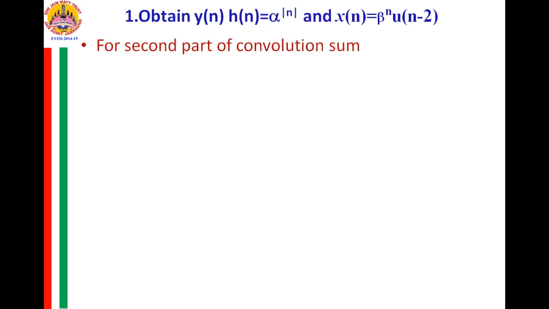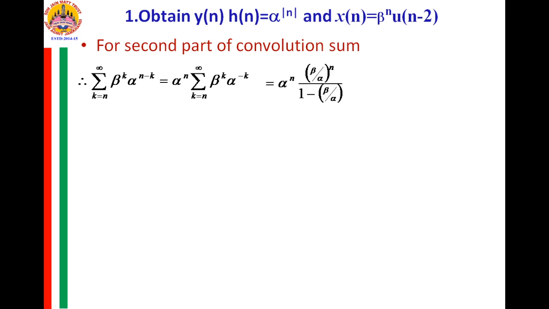And then let us evaluate the second part of the convolution sum, that is summation k from n to infinity beta raised to k alpha raised to n minus k, where alpha raised to n I take outside. So inside the summation you will remain with beta raised to k alpha raised to minus k, and this shall be written as beta by alpha raised to k, and the closed form expression is alpha raised to n, beta by alpha raised to n, upon 1 minus beta by alpha.